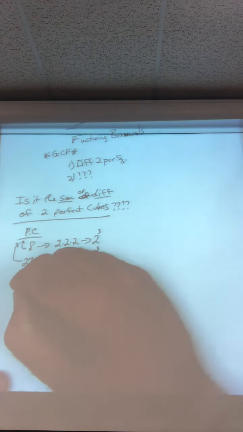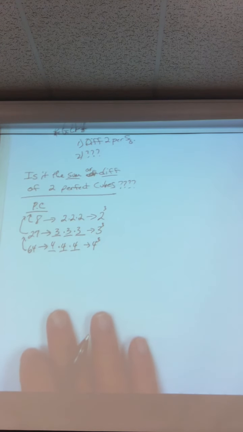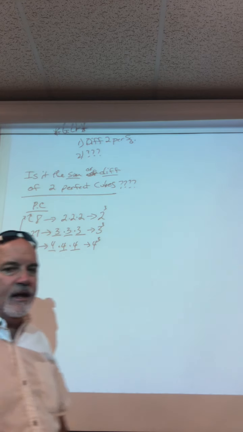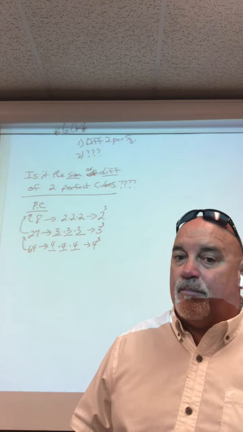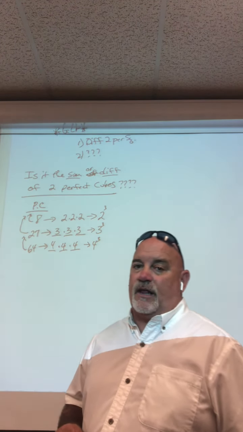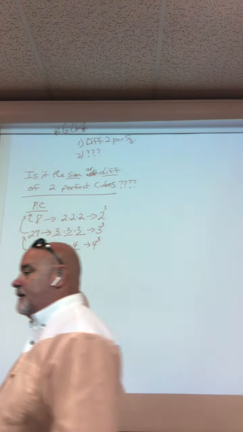So 64 is a perfect cube. Now, what makes 64 unique? Not only is it a perfect cube, it is also a perfect square. 8 times 8. There's not many numbers that work that way. But 64 is a perfect cube and a perfect square.